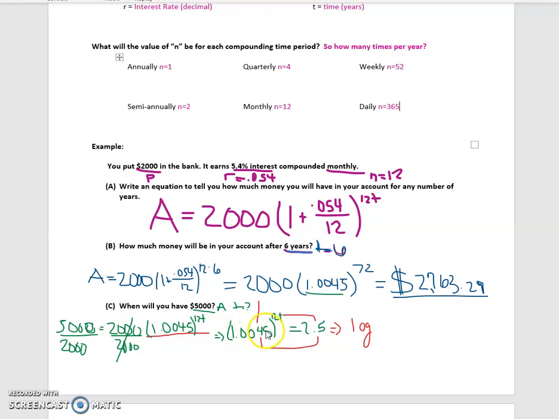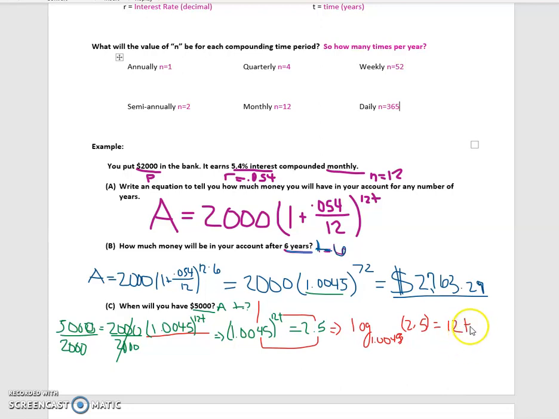This is our base. Remember the base doesn't change from exponential to logarithmic. Log base 1.0045 of 2.5 equals 12t.